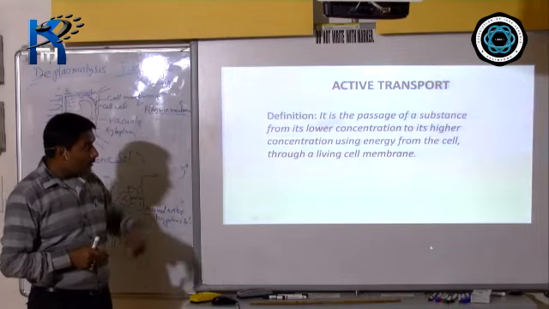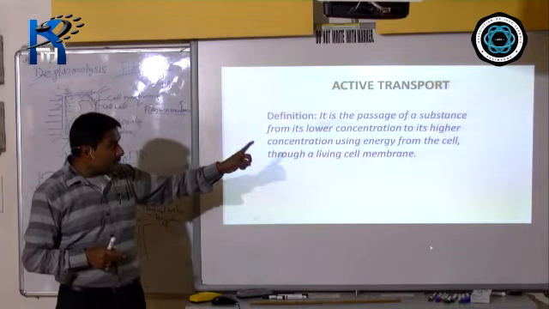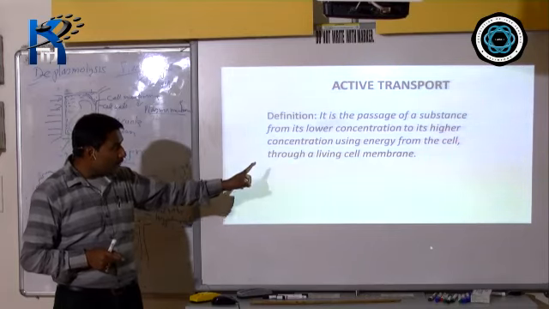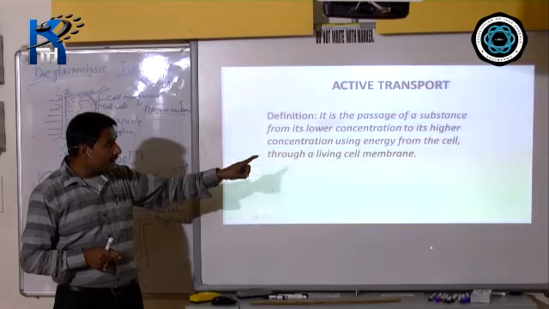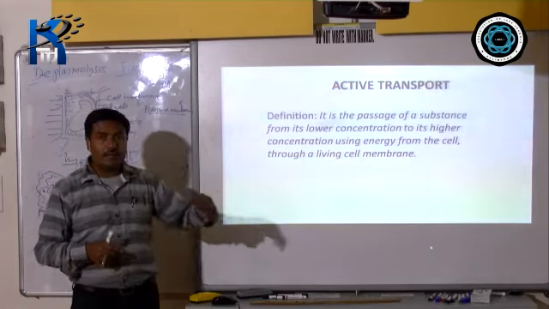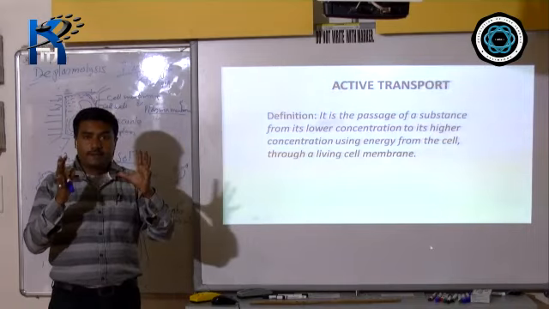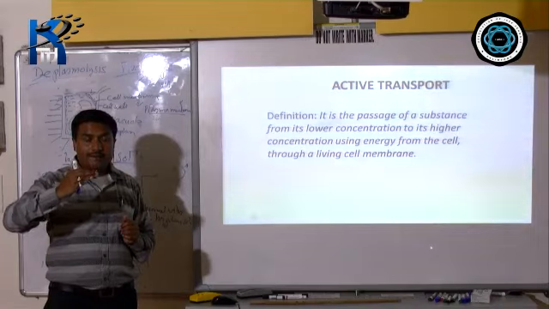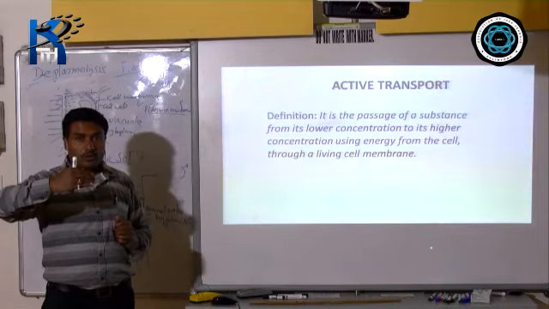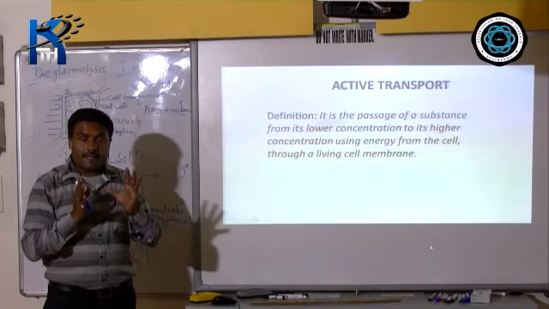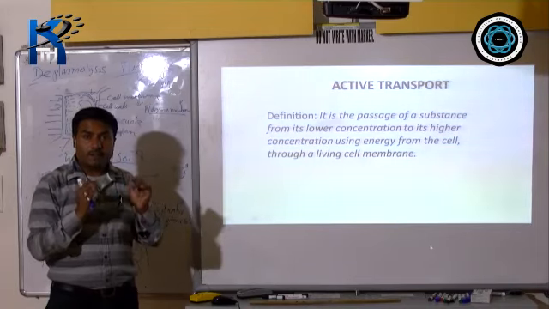The definition is the passage of a substance from lower concentration to higher concentration, using energy from the cell, through a living cell membrane. When water has to be moved from one cell to another, from lower concentration to higher concentration, there is a requirement of energy.